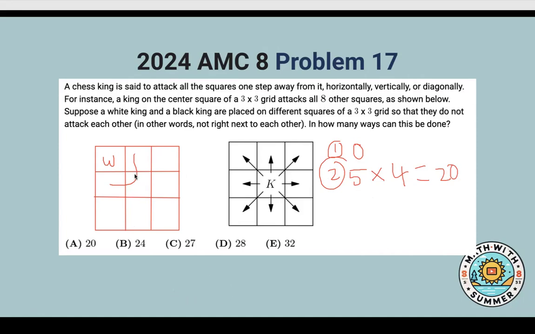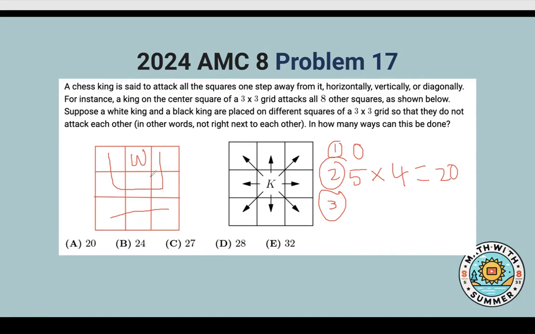Now let's put the white king in this middle edge spot, which let's make case 3. So now these are the spots the black king can't be in, and there's 3 more spots that it can be in.